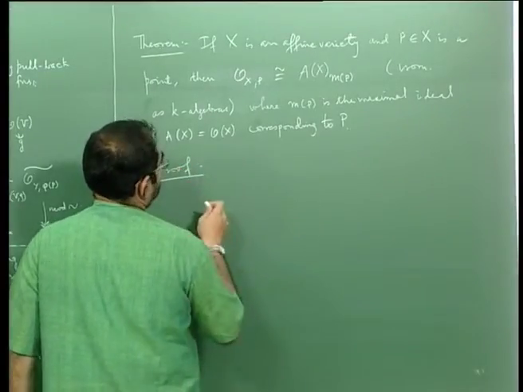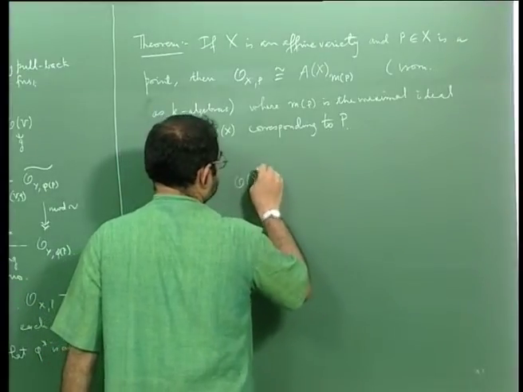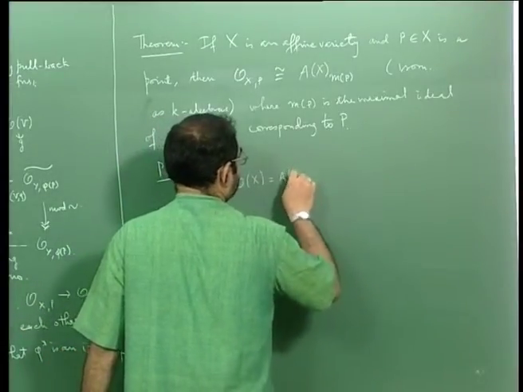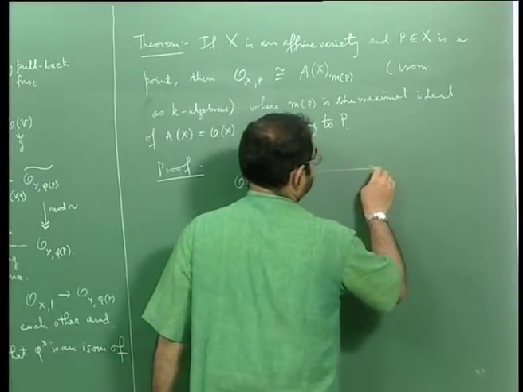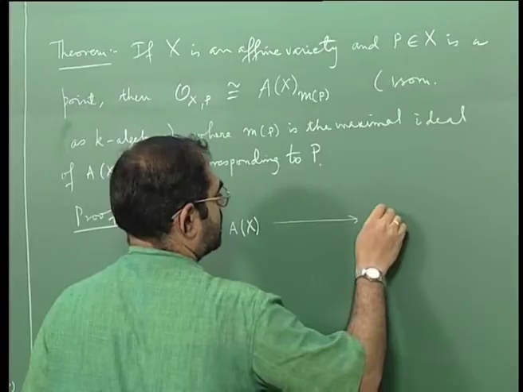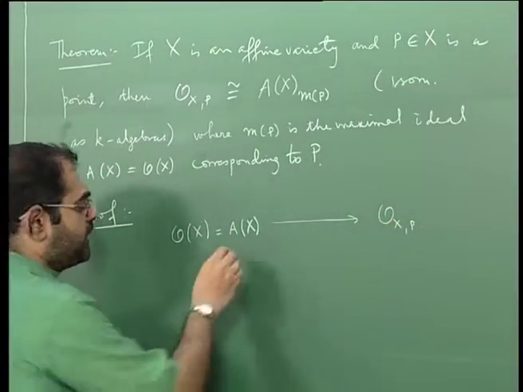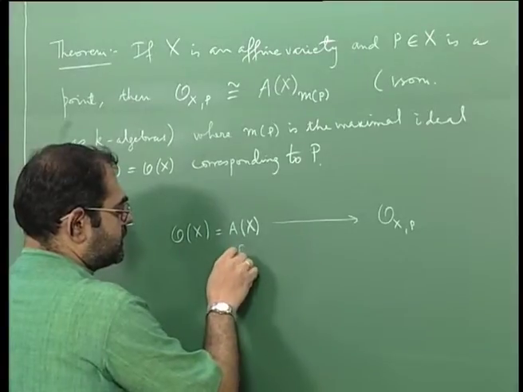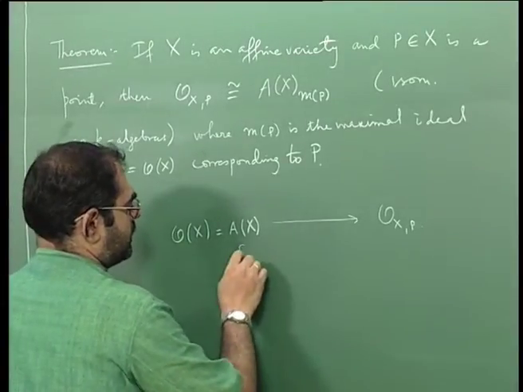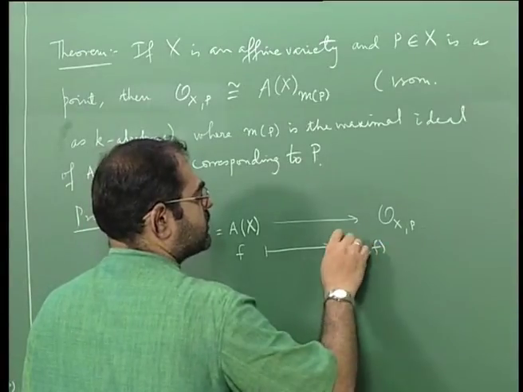The proof is, well, you have Ox, which is Ax, and from Ox you have the following map into OXP. So here is my map. You give me any regular function f, you just send it to the pair x comma f and the germ of that.